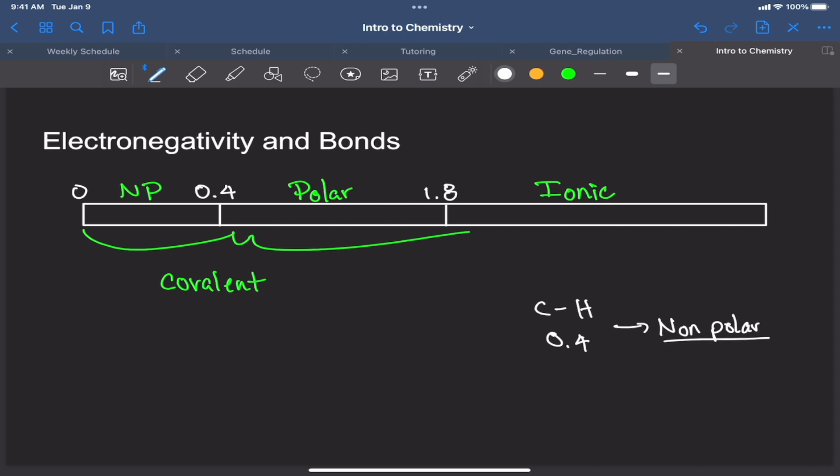In this class, the carbon-hydrogen bond is nonpolar. Other than that, you can use this to determine if it's nonpolar, polar, or ionic. Typically, you won't have to memorize these numbers because it's fairly obvious. You'll be able to understand which bonds are polar and which ones are not just by practice. You get used to it fairly quickly, in my opinion.